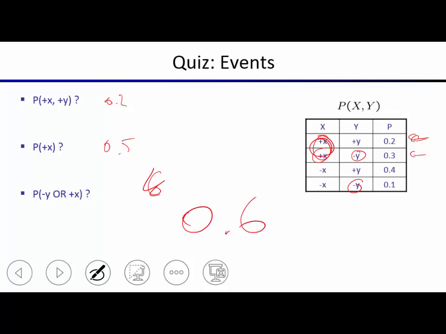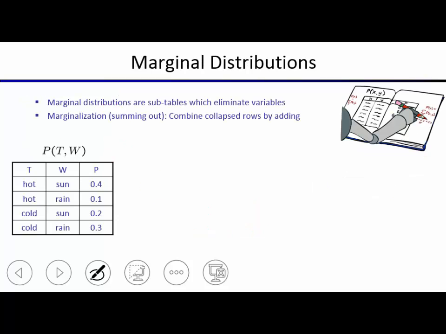Okay, next concept, marginal distributions. Marginal distributions are effectively subtables of our original joint distribution that we get from eliminating certain variables by summing them out. So here is the joint distribution we're starting with in this example.